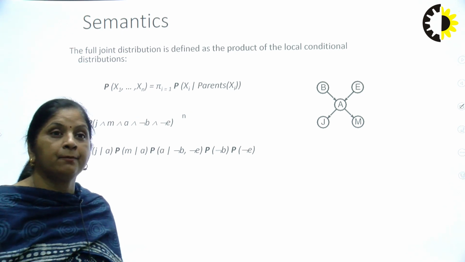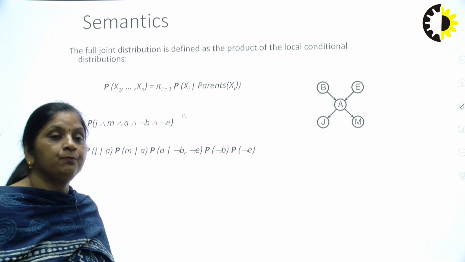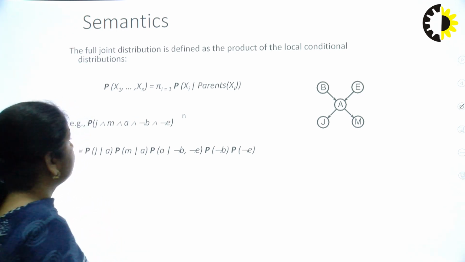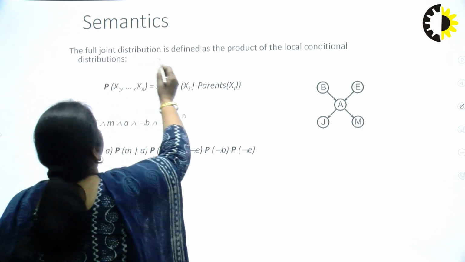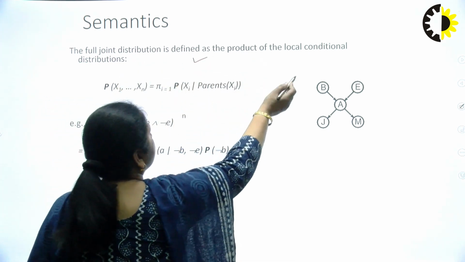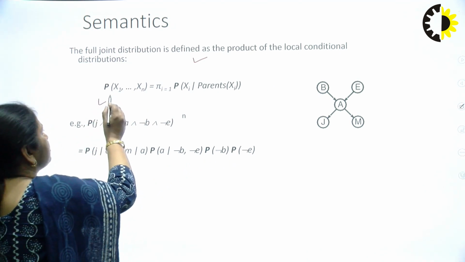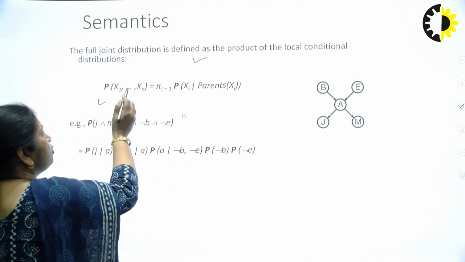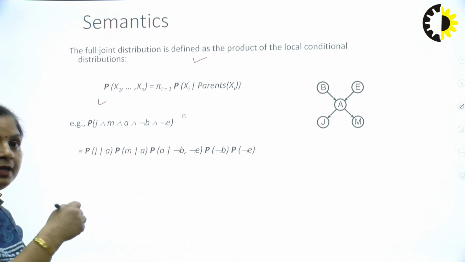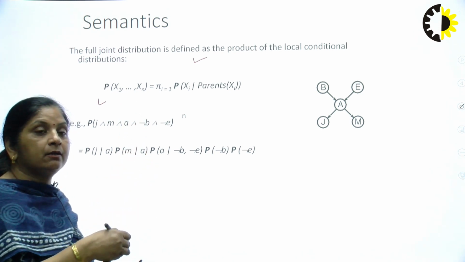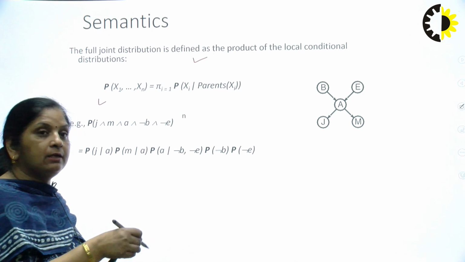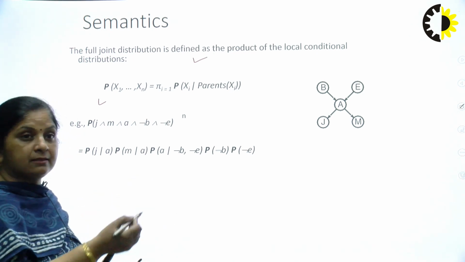Semantics: how to calculate it? We have seen on one of our slides that the full joint distribution is defined as the product of local conditional distributions, that is, probability of x1, x2, up to xn can be represented with local distributions. Local means predecessor based.